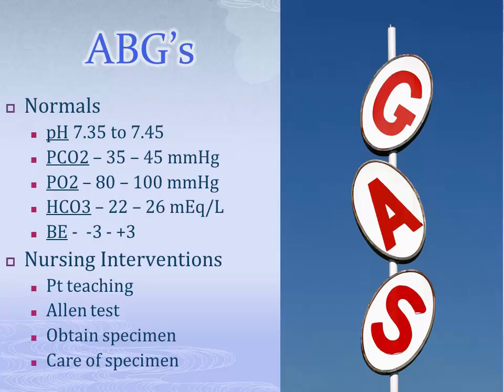So your pH and your PCO2 go in opposite directions, and your base and your pH go in the same direction. Now, base excess we're not going to worry too much about. It helps the primary care practitioner determine things, but it's really beyond our scope.